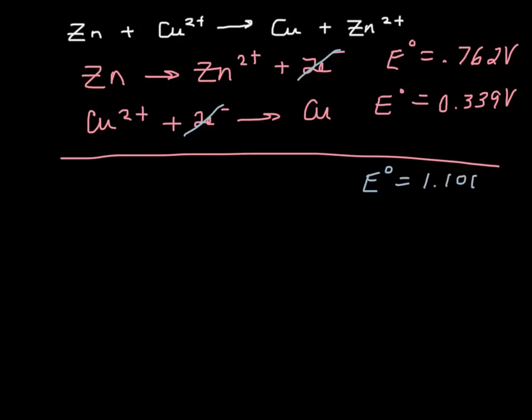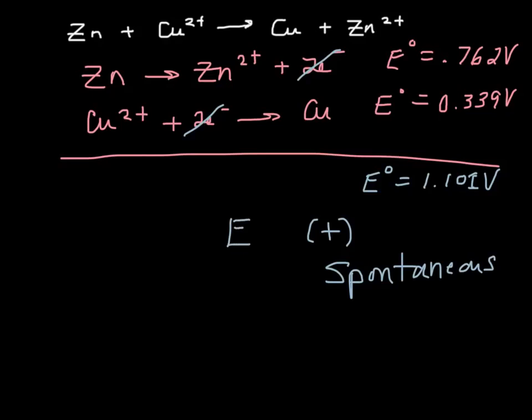What does that tell us? The most important thing is that if it's positive, it means it's spontaneous. Just like when delta G was negative it was spontaneous, when E0 is positive, it's spontaneous. So this reaction would occur. If I put zinc into copper 2+ solution, this reaction would happen.